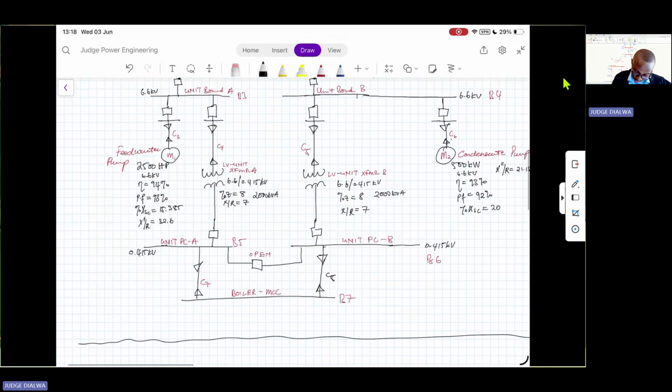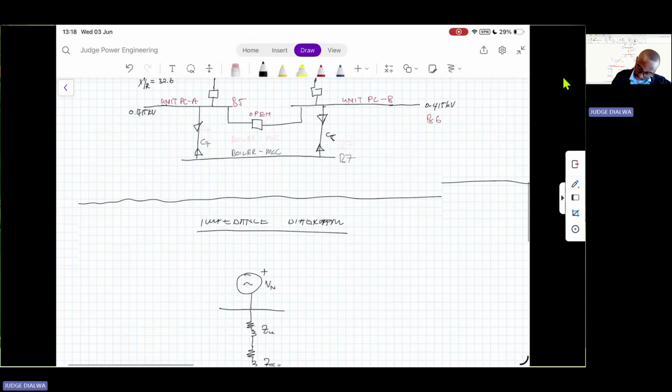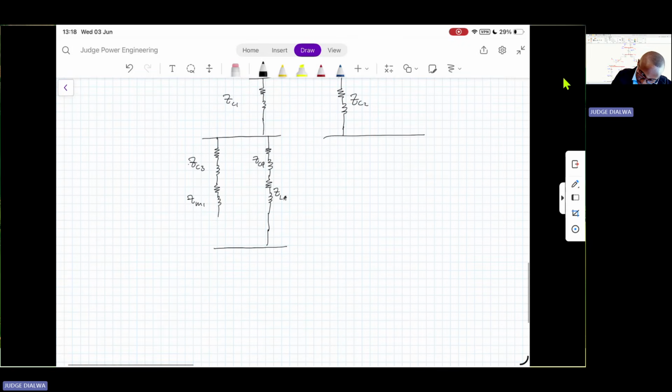And then what else do we have on the unit board B? We have cable 5. That is cable 5. We have the LV unit transformer on the B side.